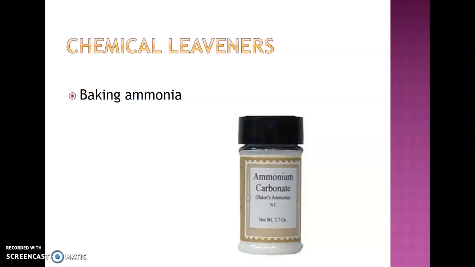This is usually used for crackers or thin cookies, something that has a large surface area and is very thin. That way the ammonia can all be given off by the time it reaches 140 degrees. All that ammonia is gone. The carbon dioxide really gives that extra crispness to your crackers and certain cookies. But again, it's not widely used for any other quick bread products, let alone any other large baking products.